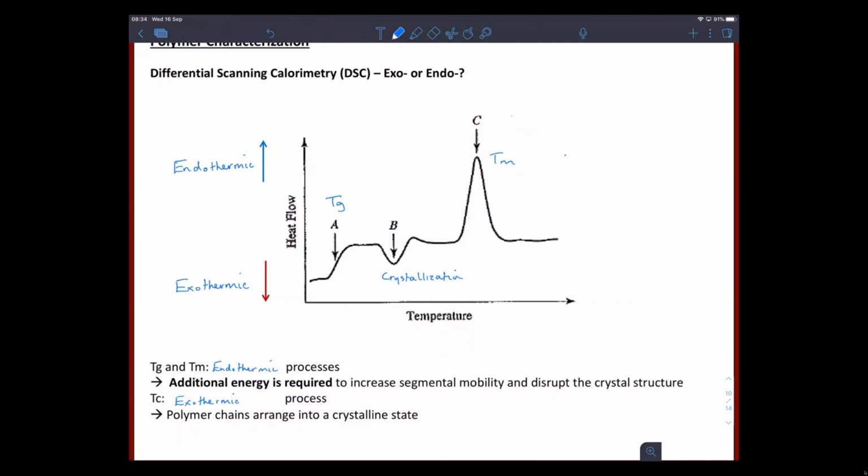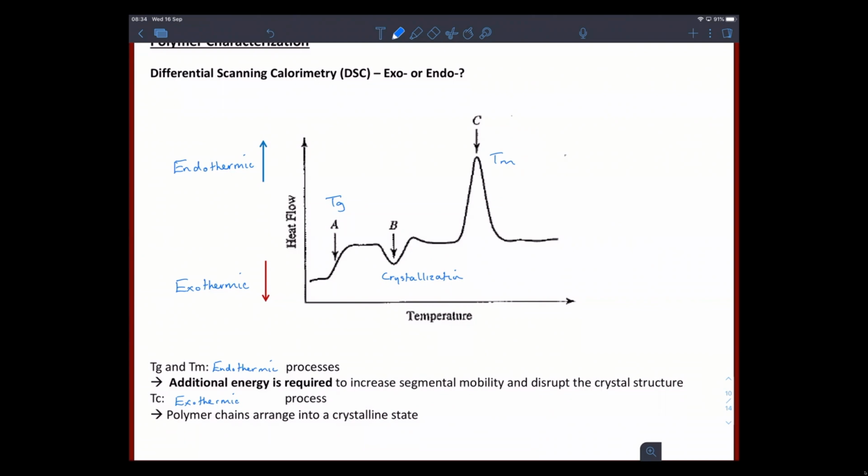So just a reminder there that crystalline state is just when we get past the TG and we have enough segmental mobility that the polymer can rearrange to form the crystals, right? We've just got enough energy in there that they're almost fluid so they can reform these crystals.